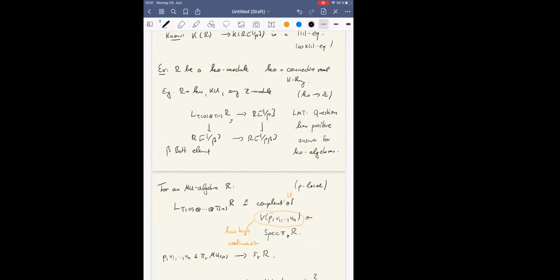And for KU, I can just kill eta, and this gives me Ku, and Ku mod the complex bordism element is precisely the integers. So this is a very convenient property for us which we use.